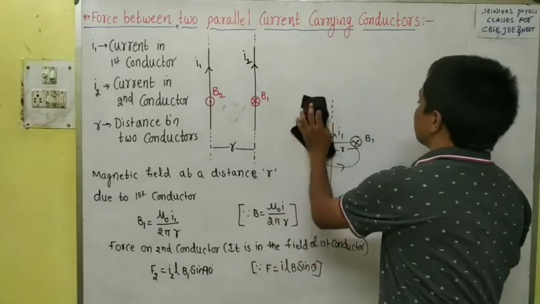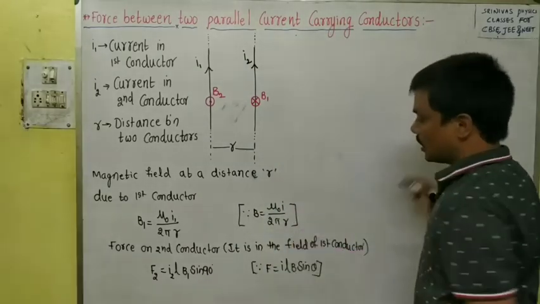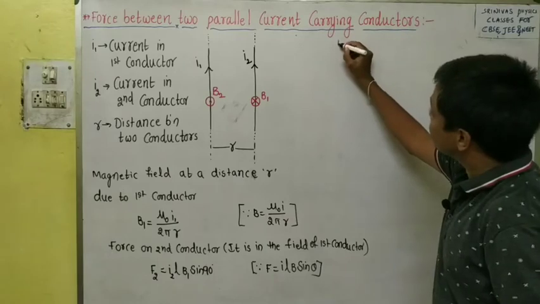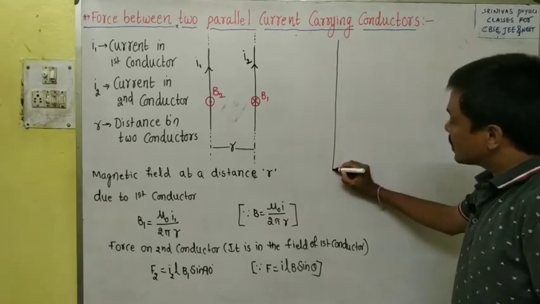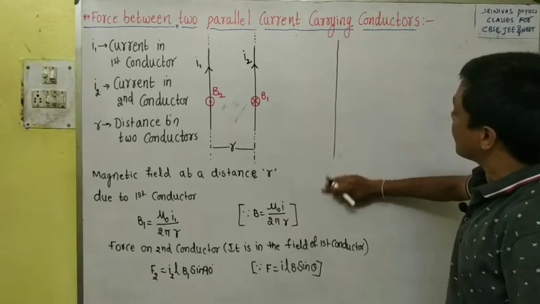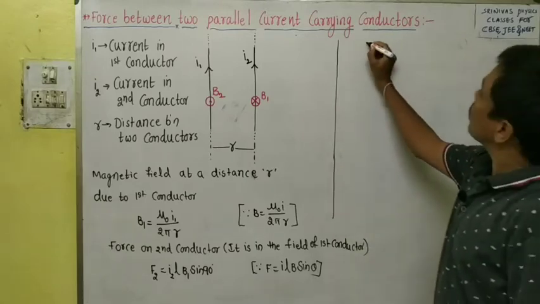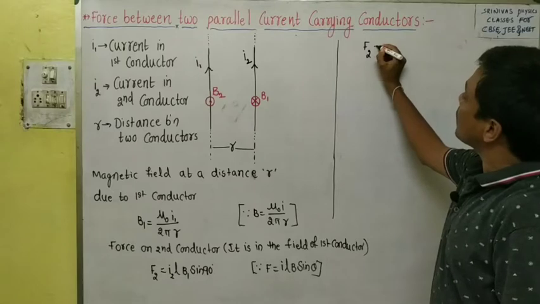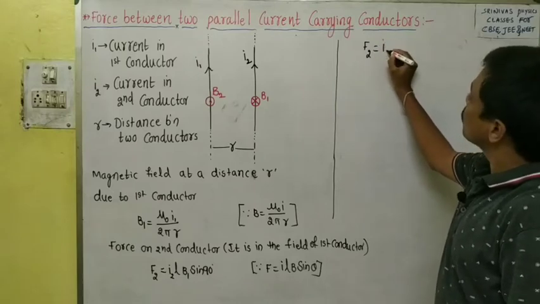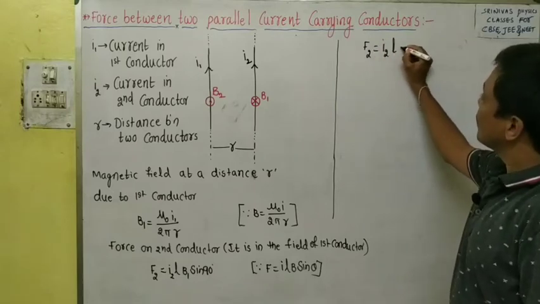Now it was very simple. Let us continue. Listen very carefully. This is very important for the exam. F2 equals I2 L into B1.